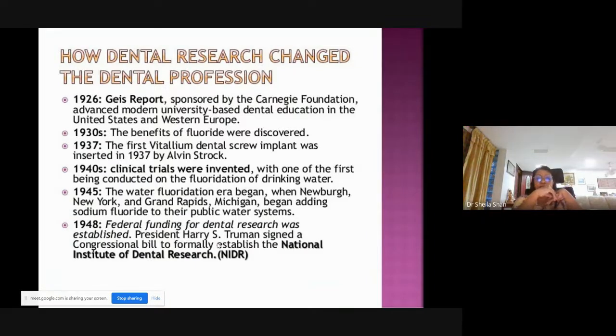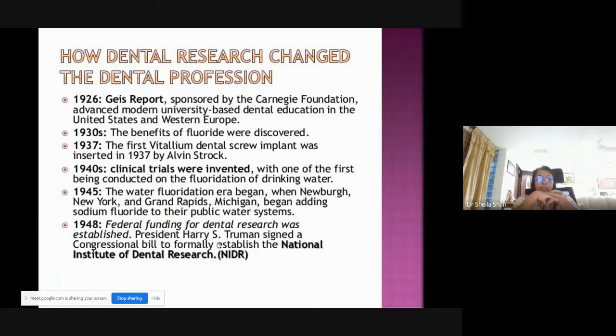In 1937, they found the dental screw implant, inserted by Elvin Sprock, the first dental screw implant. Then in the 40s, clinical trials were invented. I'm sure you all know about drinking fluoride water. In 1945, fluoridation of water began. That means they started adding fluorine to water because they believed it would improve their bones.